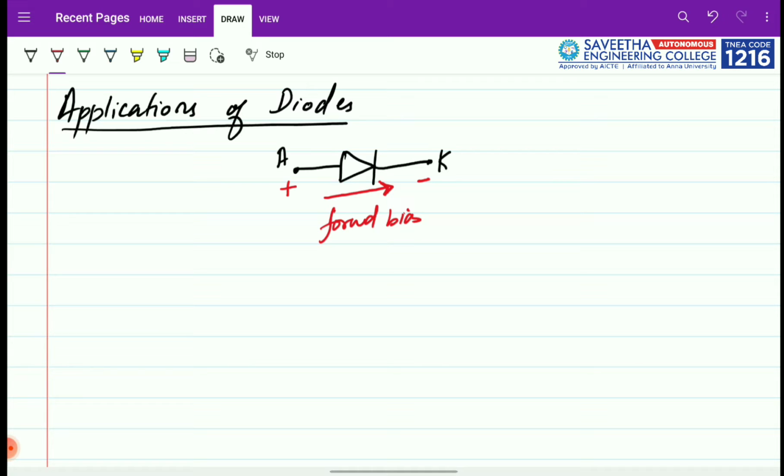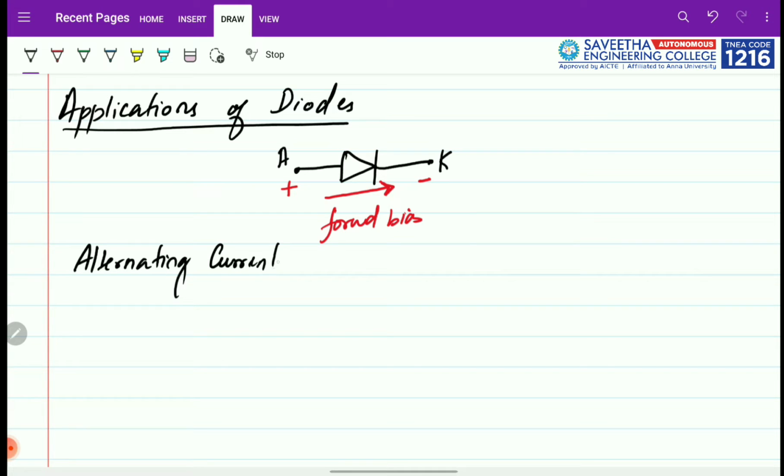Taking this as a base of understanding, we can now think about where these diodes can be used. We earlier came to know that in electricity there are two types of currents. One is alternating current, and the second one is direct current.